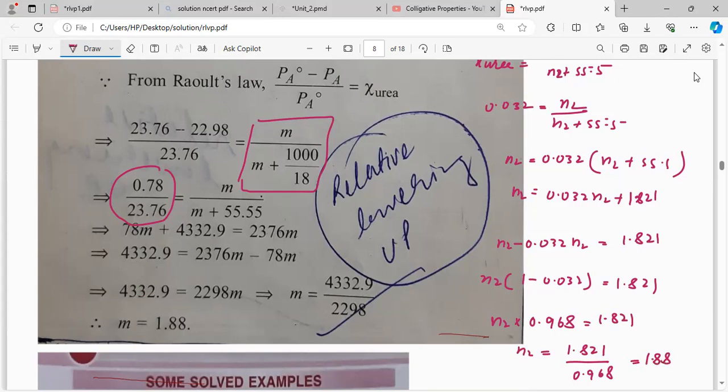That is 1.88 mole per kg solvent. So this same answer is coming. This mole means the mass of water is 1000 gram, so this is molal.